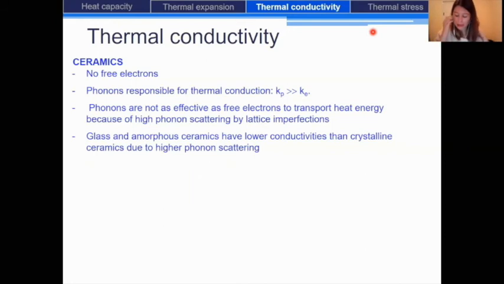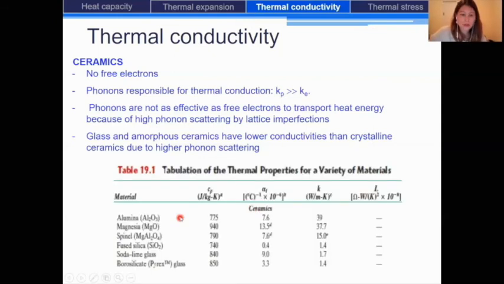And so the thermal conduction in ceramics is relatively low due to this fact, due to the low efficiency of phonon conduction due to phonon scattering. And if we have a look at this table, the third column represents the thermal conductivity in various ceramics.